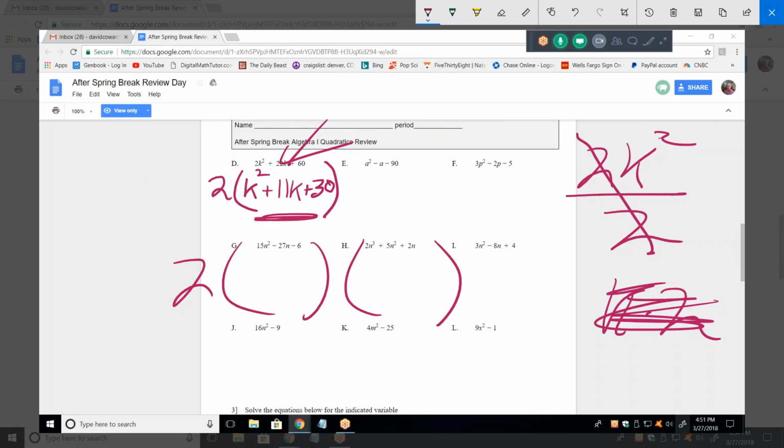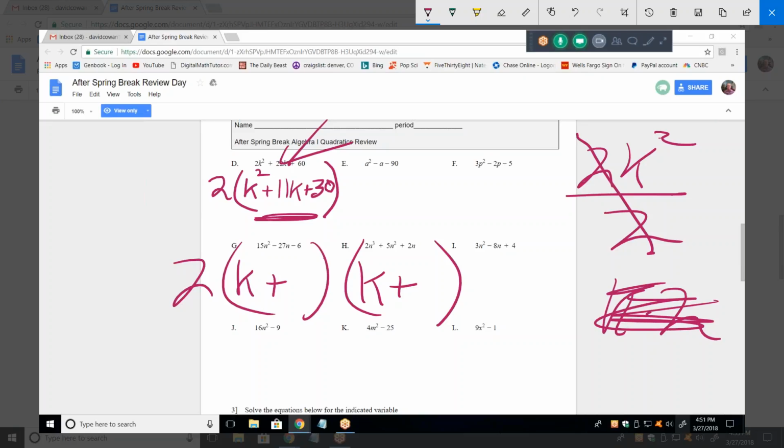First step, we split k squared between two parentheses. Second step is to determine both signs. It is going to be addition, plus plus. And then we have to find factors of 30 that add to 11.